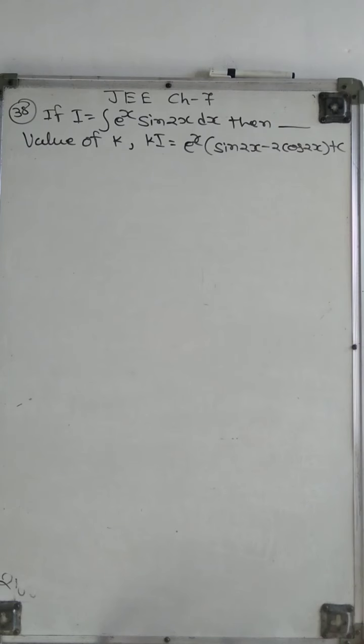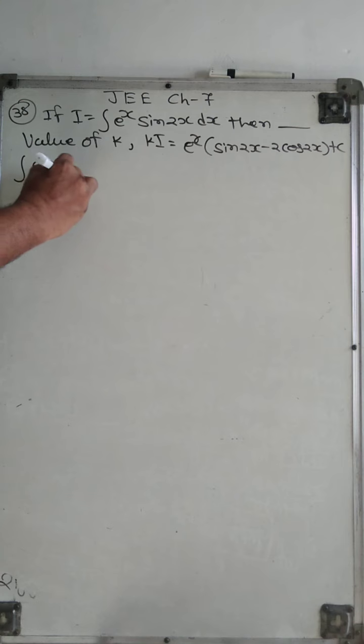Okay? Question 38. If I is equal to integration e raised to x sin 2x dx, then for what value of k is kI equal to e raised to x times sin 2x minus 2 cos 2x? Now first thing, I write one formula which is very useful for you.